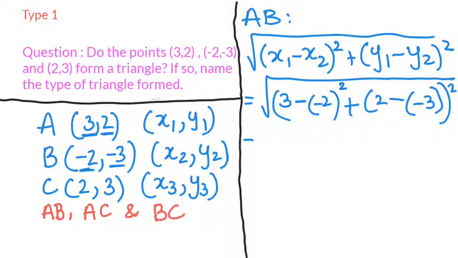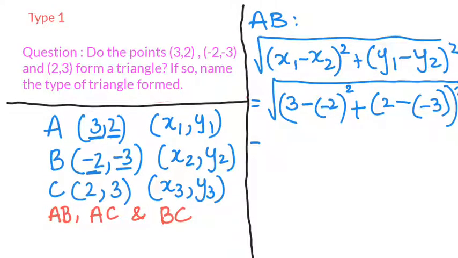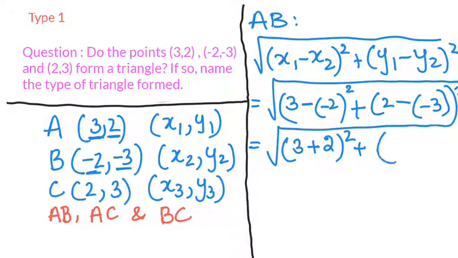Okay, solving the brackets first. Root of (3 minus and minus become plus), and here also the same thing: 2 minus of -3 becomes +3, whole square.